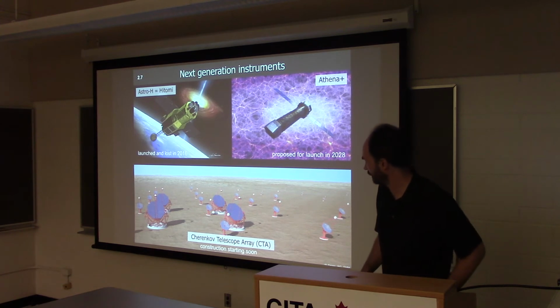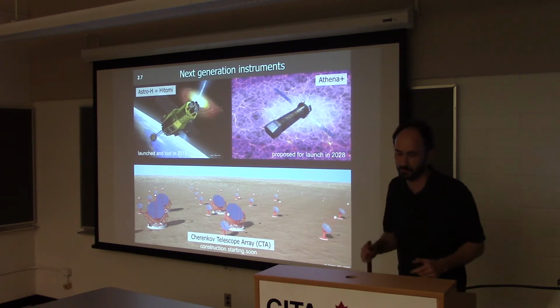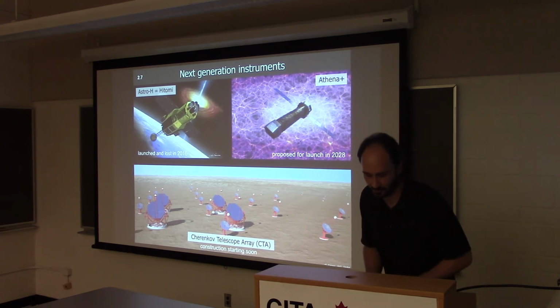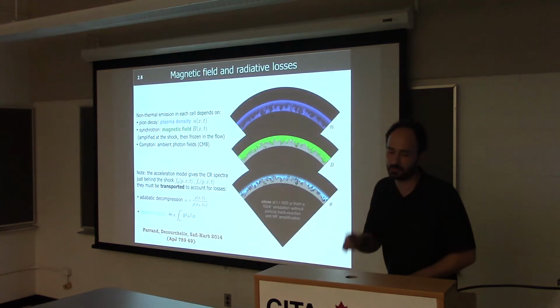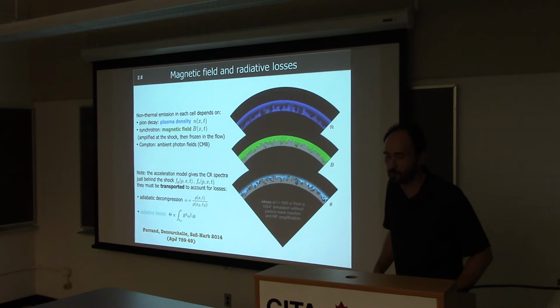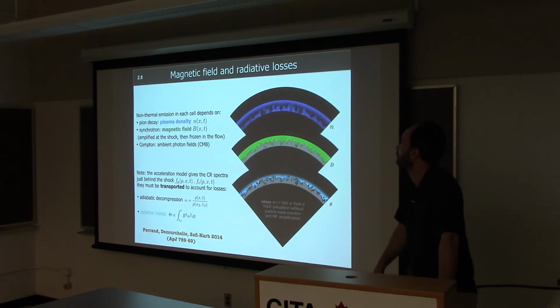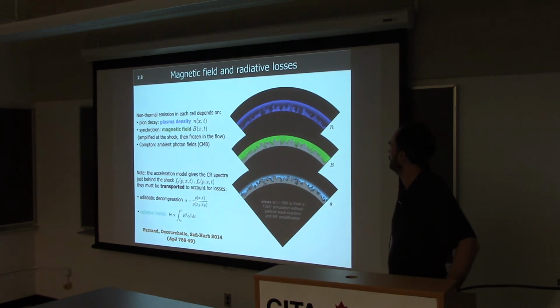So the Cherenkov Telescope Array, with 2 sites in the north and in the south. This is for particles, but to compute the emission from the particles, you need more.